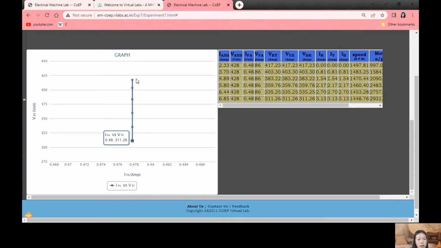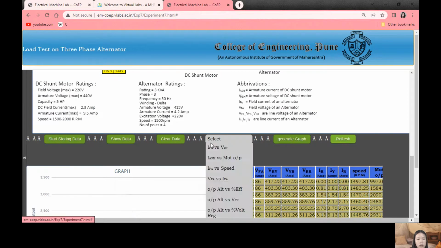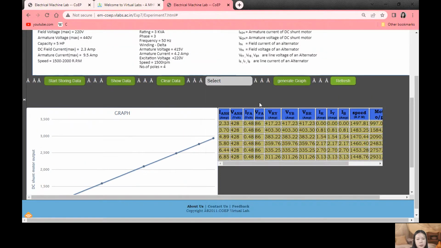And then yung VRY natin is nagde-decrease from 417, naging 311 na lang siya. So, next natin is yung armature current ng DC shunt motor versus yung DC shunt motor output natin. So, makikita natin na habang nag-i-increase yung armature current ng DC shunt motor, nag-i-increase din yung output niya.